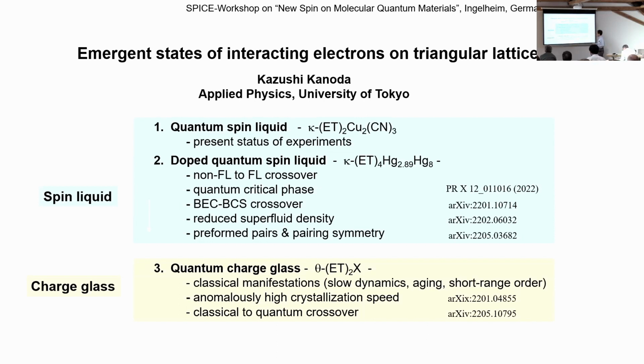Second, I show you the different experiment results on both spin liquid candidates. Then I switch to the topic of the charge glass, where I'd like to emphasize the quantum manifestations of the electron glass, the charge glass.